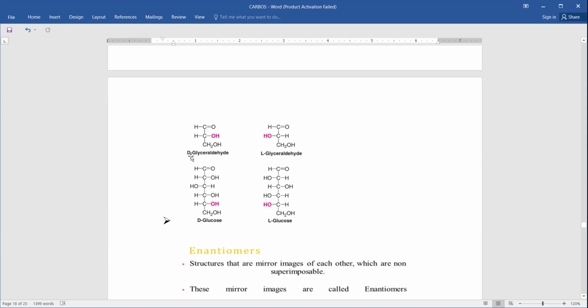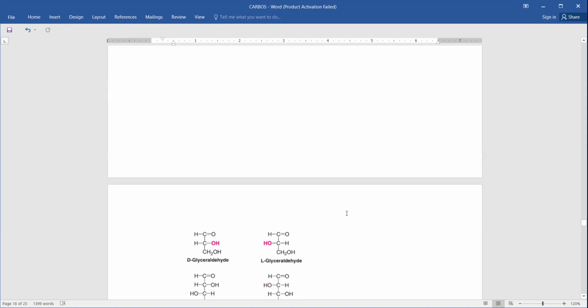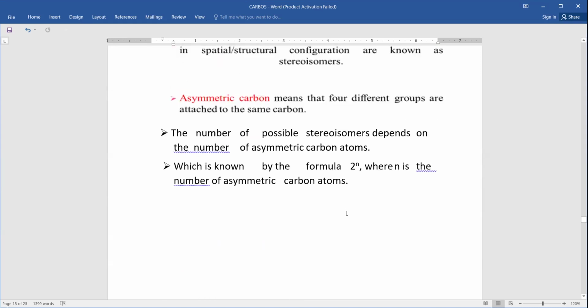D for dextro, L for levo. Remember that D glucose is biologically and metabolically active, so living beings can utilize only D glucose. So that is about D and L glucose molecules.